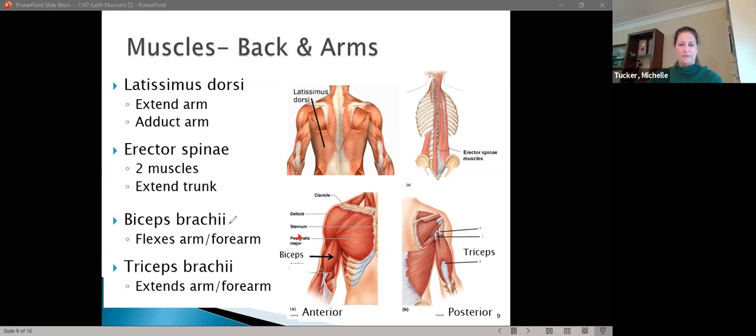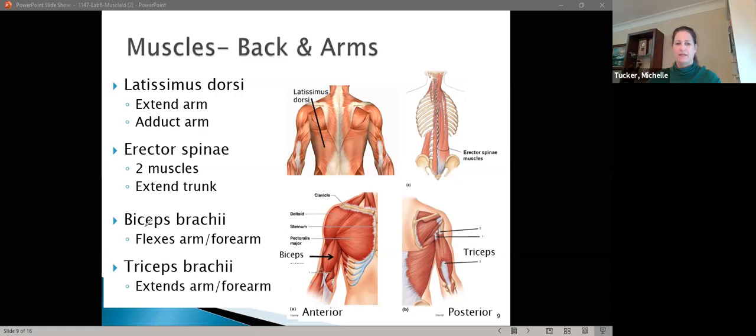Okay, so we're going to move on to biceps and triceps. Our arms are going to be different from our legs in that for our arms, both the joints are on the anterior part of the body. So when we talk about flexing the arm and flexing the forearm, they can both be accomplished by the same muscle.